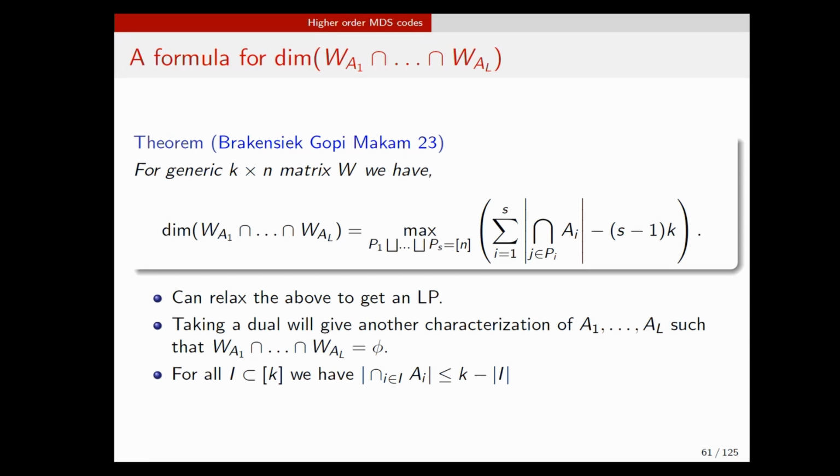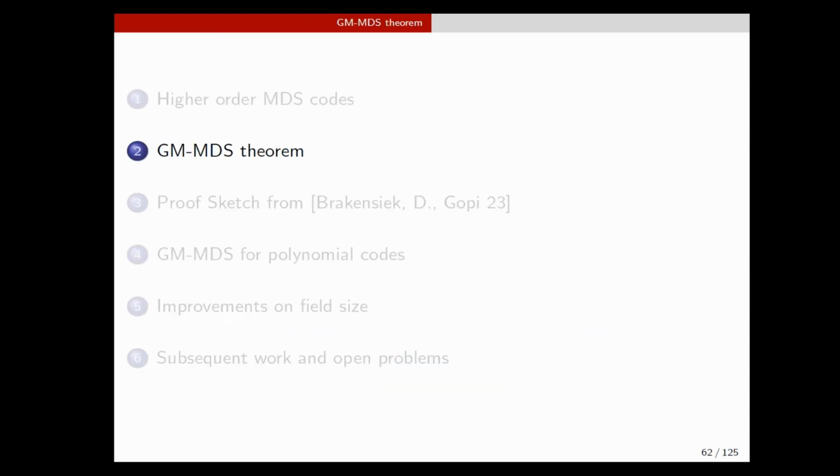If you look at a set of I coordinates from L, the intersection of these sets should be bounded above by K minus I. This is something you get by duality. You have to do some work. So given this, we can try to write down some conditions on when a matrix is going to be MDS L.